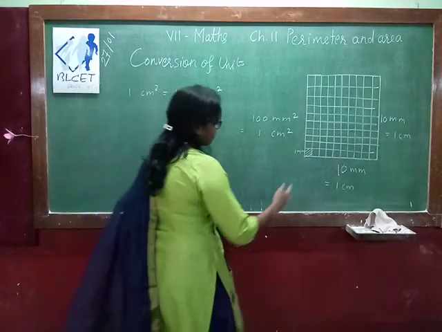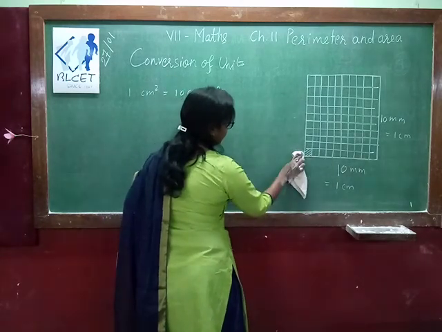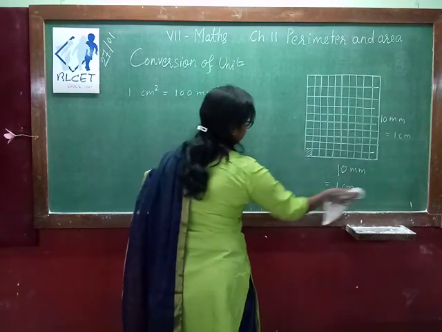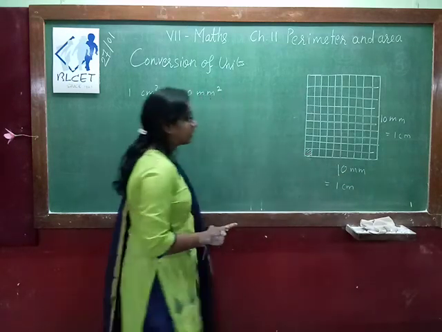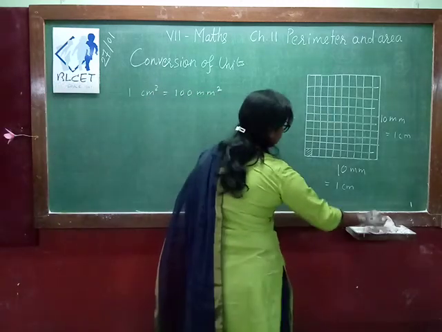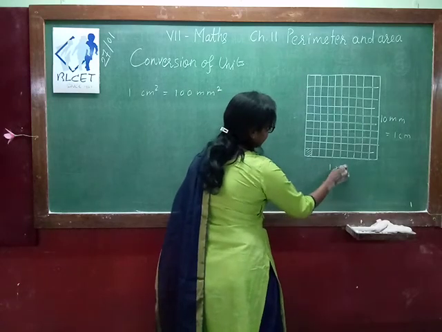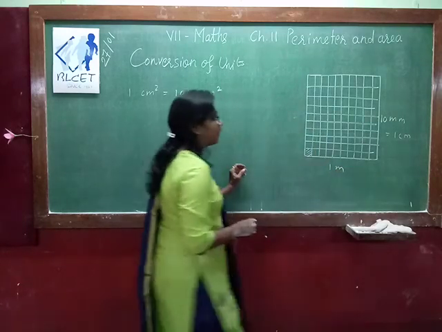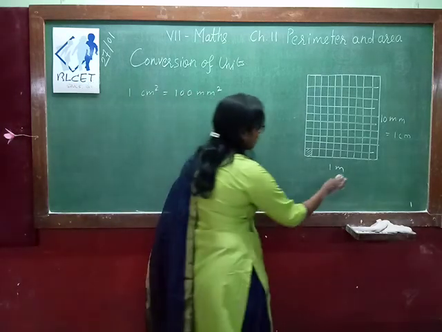Now suppose if you consider the same graph, we know that 1 meter is equal to 100 centimeters. So suppose this is your 1 meter length, and this is all divided into again very small blocks, that is 100 centimeter.